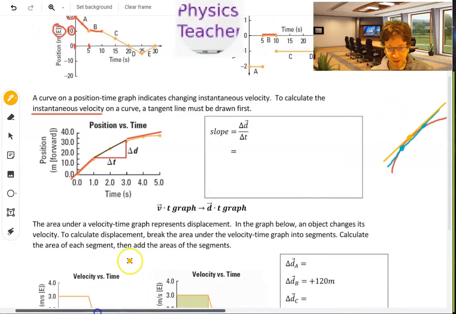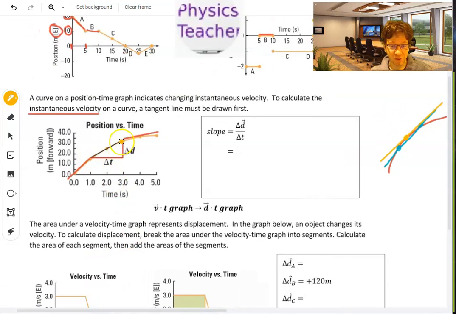All right, so once we have our tangent, we can calculate the slope. Just choose any 2 points on that tangent, like this one and this one. And we can look at our displacement and our time. So our displacement is change in position, which from here looks to be, let me just go with about 35.